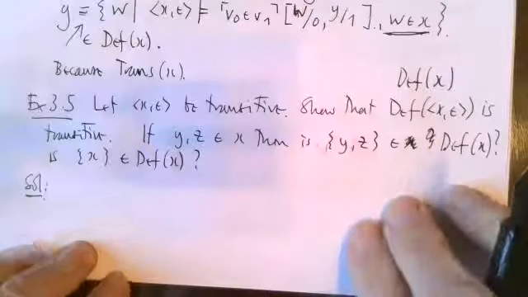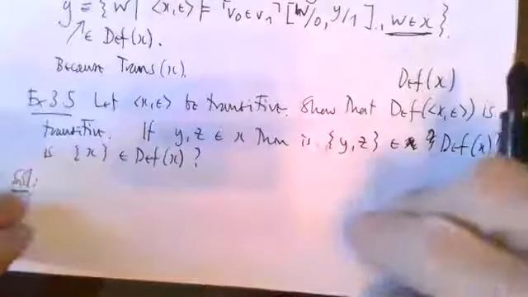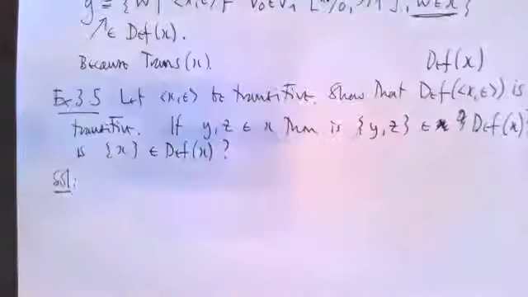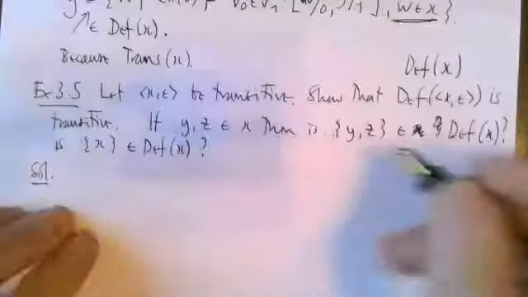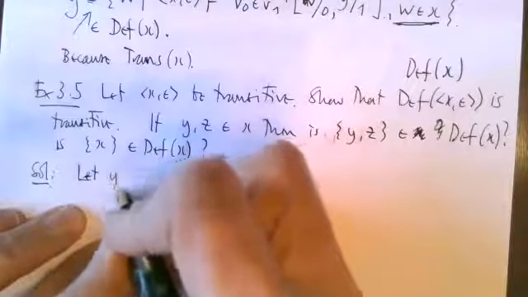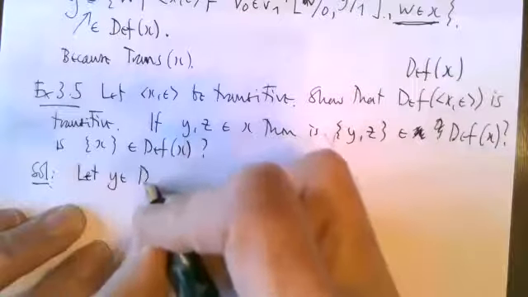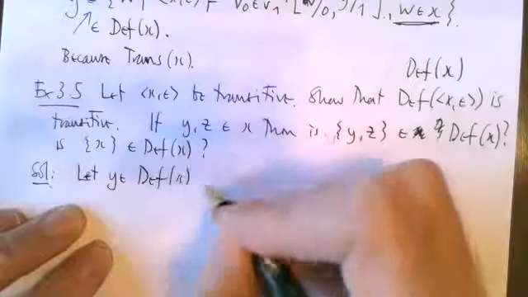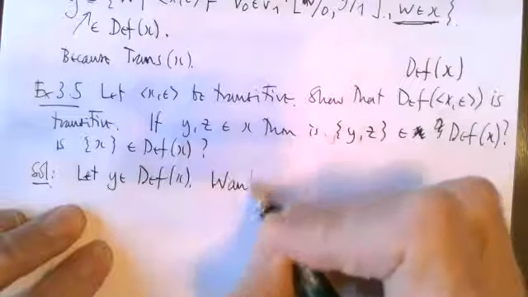Well, to answer this first part, you just have to go to the definition and show that we have transitivity. So pick something in def X. What do we want? We want it to be a subset.